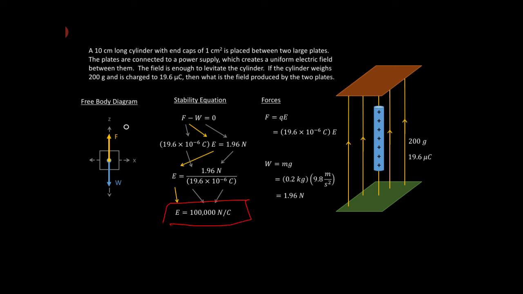So this took some of the stuff we learned last semester. When we have a force balance problem that has a free body diagram, if we know where all the forces are pointing, it effectively gives us the main idea for the answer, which is, in this case, the electric field is counteracting the weight of the object and allowing us to levitate the bar.